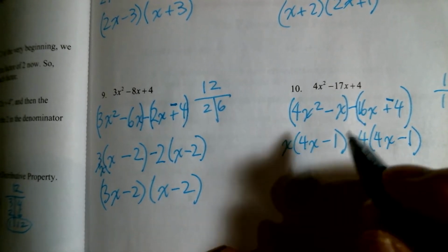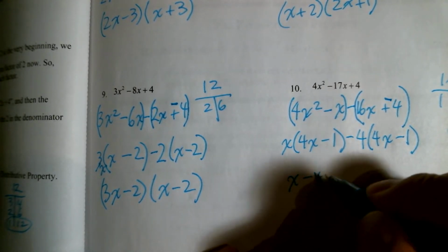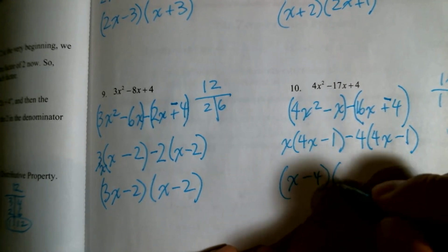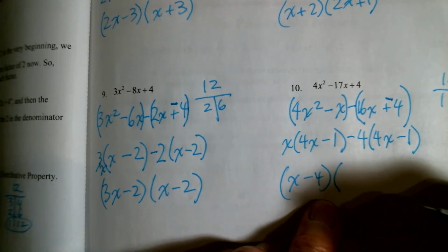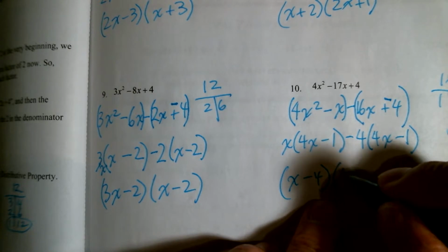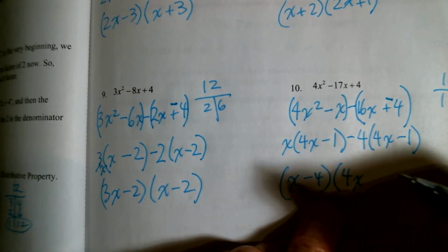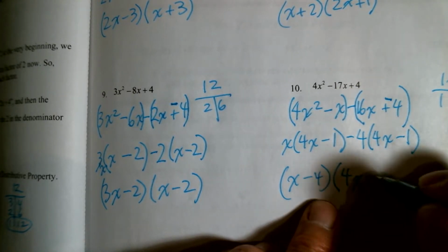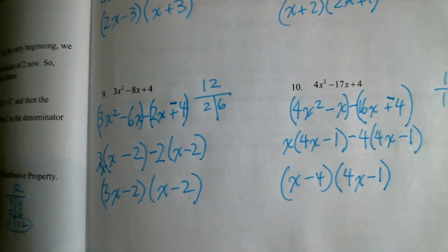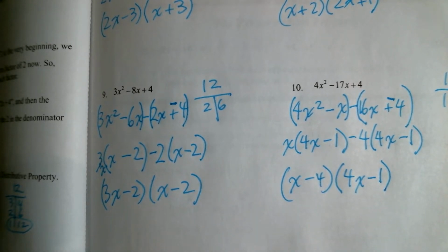Okay, so now we can just group them. x minus 4 times 4x minus 1. And we are done there, okay?